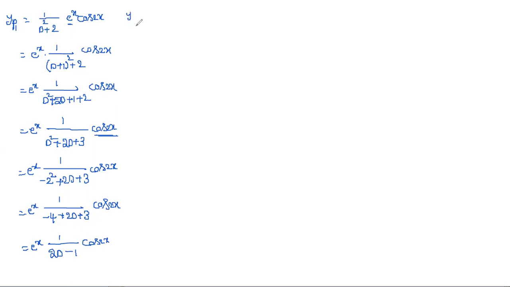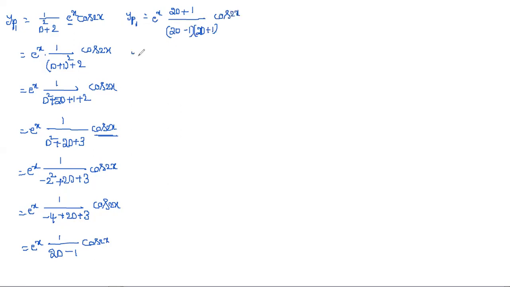And yp1 is equal to e power x into 1 by 2D minus 1 cos 2x. We have to rationalize it to remove the differential operator. There it is minus, so we do it with plus: 2D minus 1 into 2D plus 1 into cos 2x.